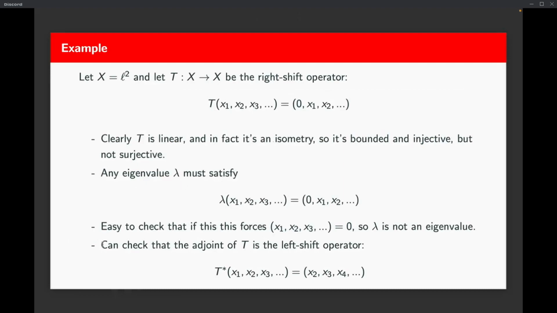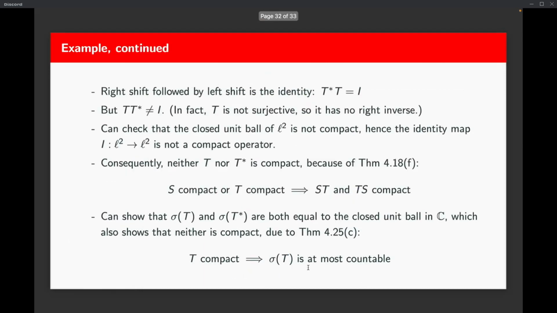You can pretty easily check that the adjoint in the Banach space sense and in the Hilbert space sense is the left shift operator, which says take the sequence and shift it to the left by 1, dropping the first element. I'm not going to go through the proof of that, but it's fairly straightforward.